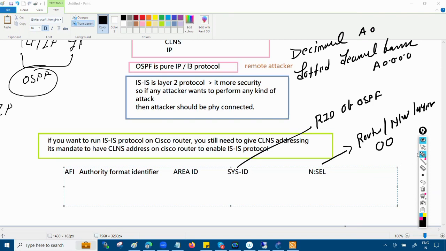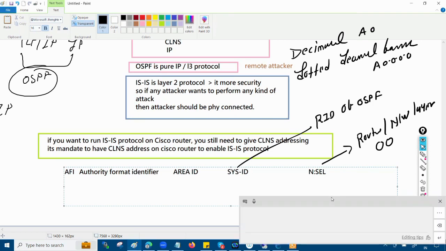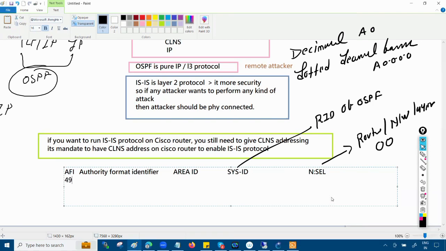The first AFI value that I like to give is 49. Now the question: why 49? Why not other values like 47, 48, 46, 34, or 100? The reason is that you can use those values as well, like 47 or 38, but in production you always find 49.